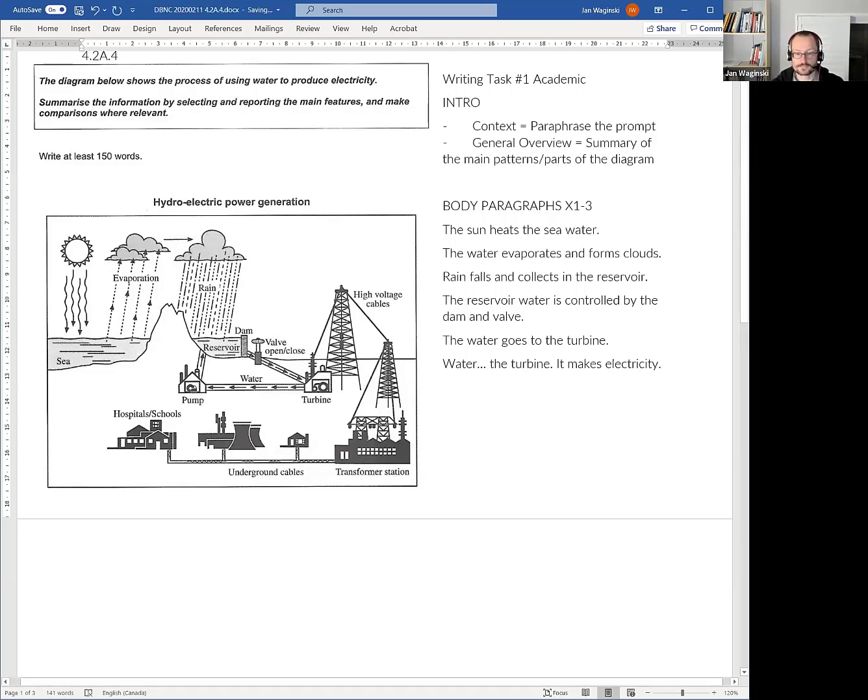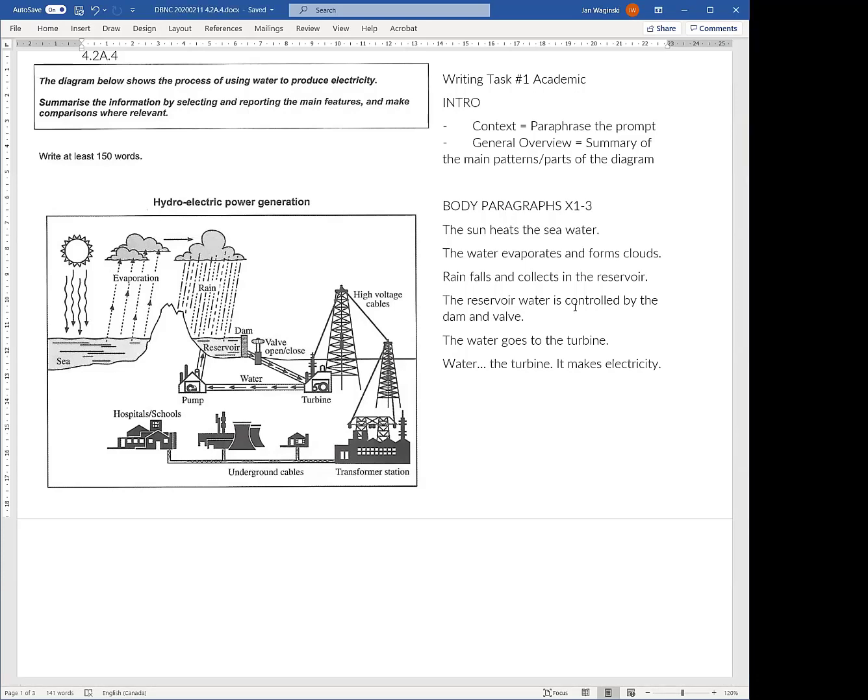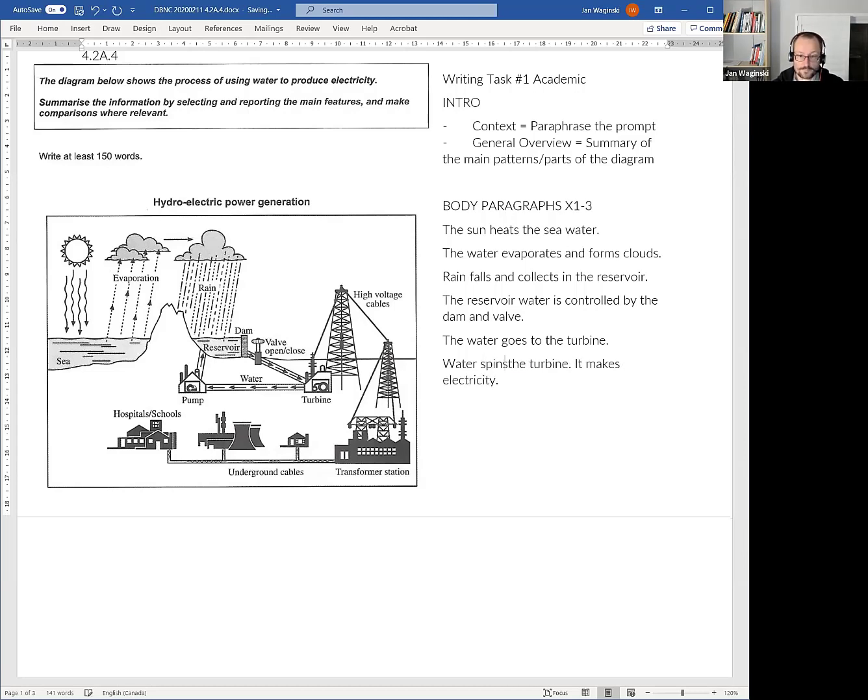Dina. Yes. So here the turbines, we say either spins or moves. That's a good verb, so we'll put that here. Water spins the turbine. Okay. Dina, we can do it in passive voice?